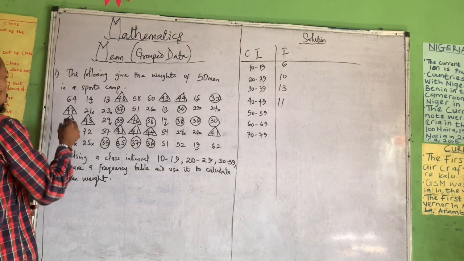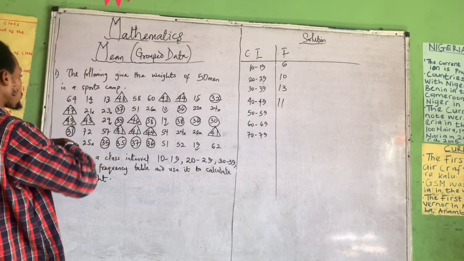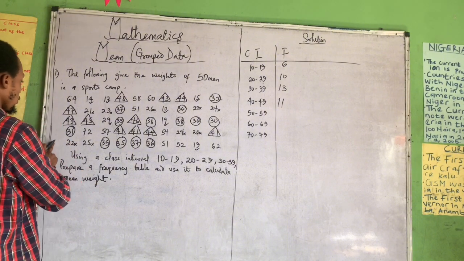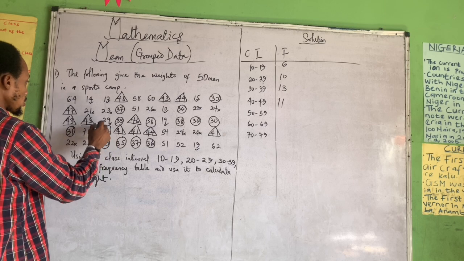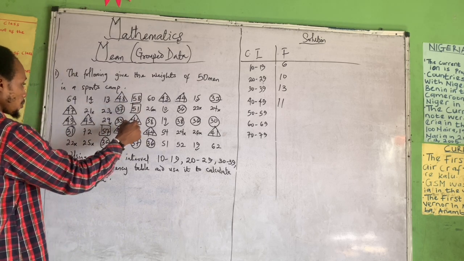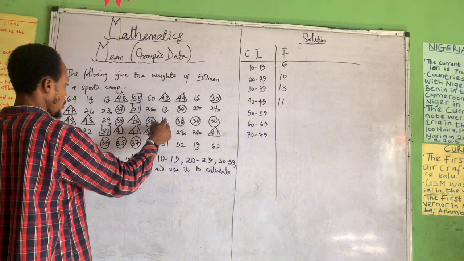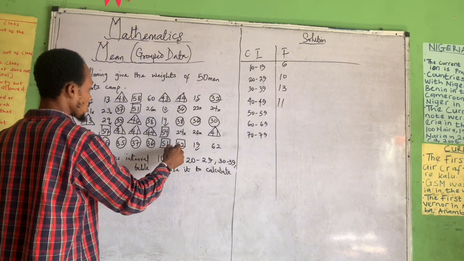So let's use box, that's square, for 50 to 59. No one here. We have 1, 2, 3, 4, 5, 6.